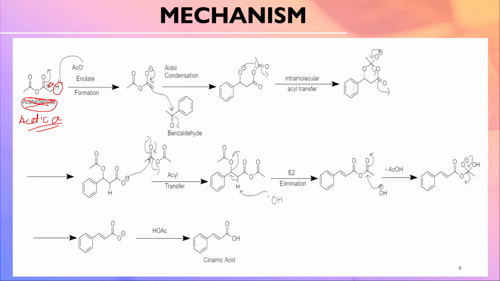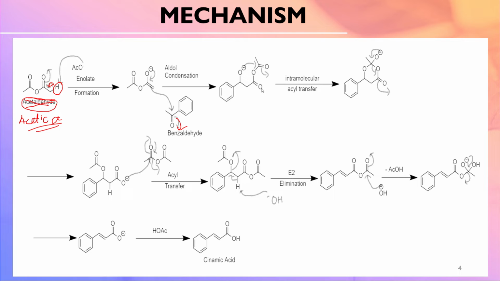This negative charge will come back here and this double bond, meaning these pi electrons, will attack the benzaldehyde carbonyl carbon, and this will go upwards. So again here a negative charge, and this carbon forms a double bond over here.